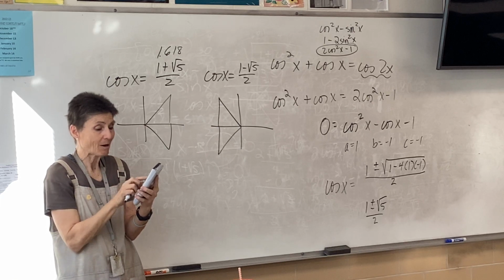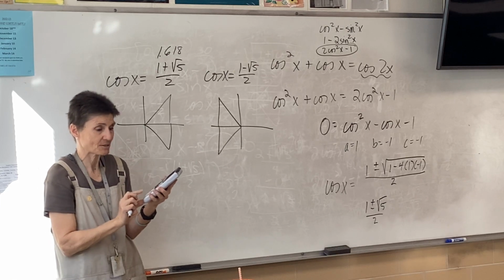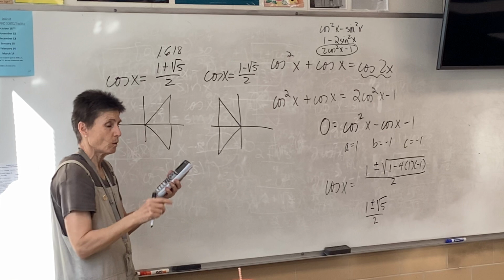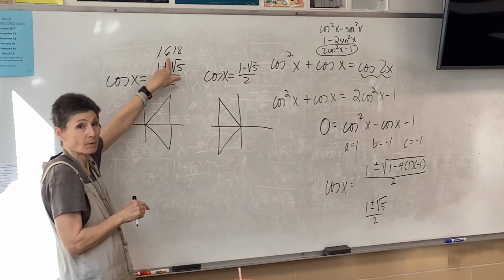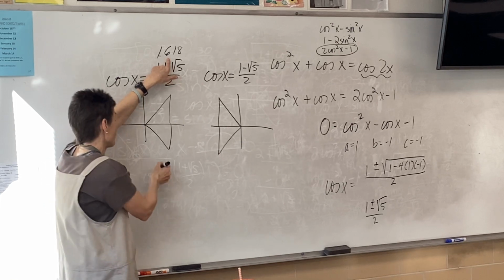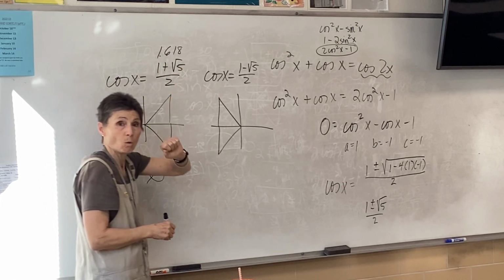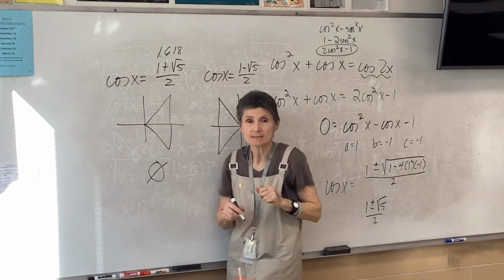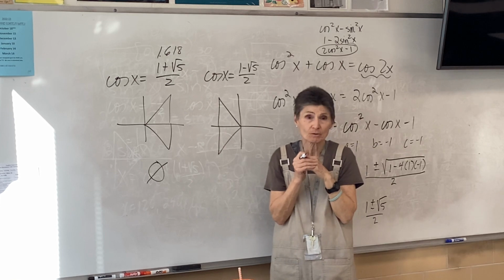All right, now, second cosine of this number. You're going to get an error because that number is bigger than 1, and we just discussed that cosines and sines cannot be bigger than 1.